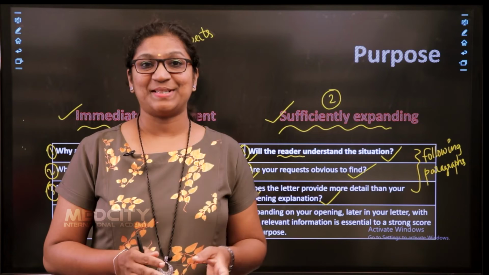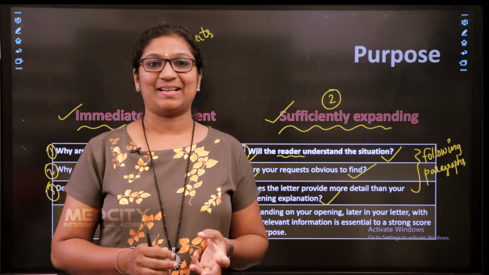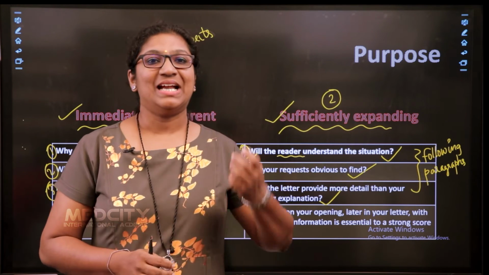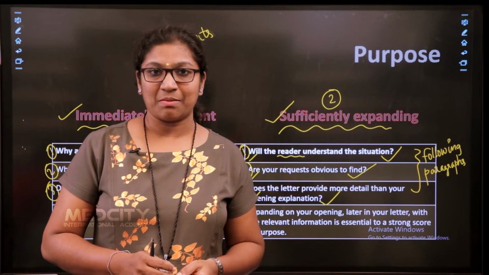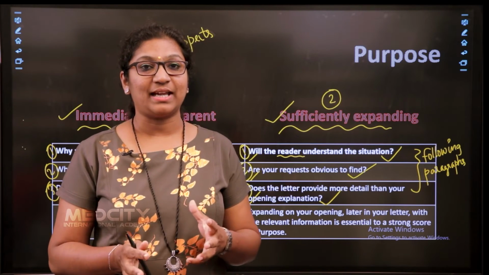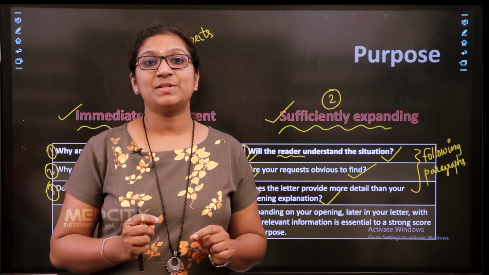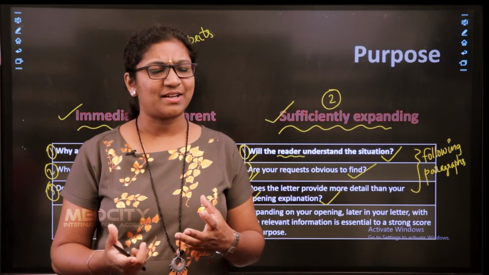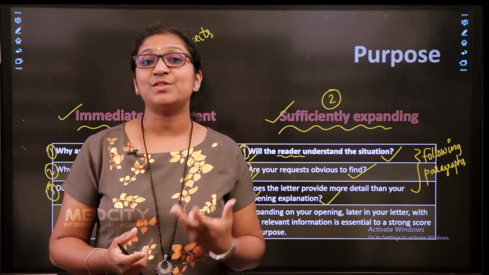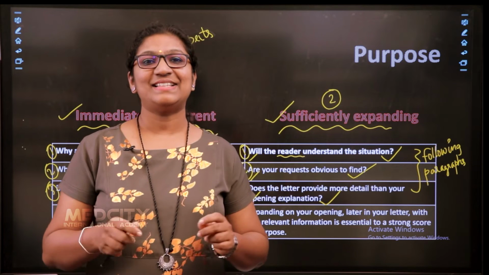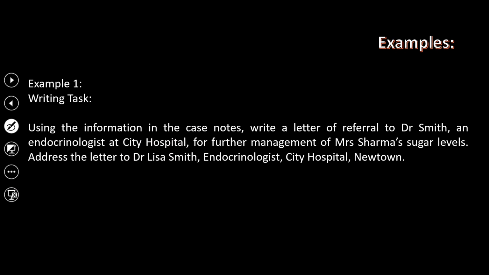Now that you have an idea of what exactly we are looking at when we speak about purpose, let's take a look at some examples and try and identify picking up the purpose of the letter. Let's see if we can really identify what the reason for writing the letter is. Let's have a look at the examples. So this is example 1, and the purpose can easily be picked from the writing task.